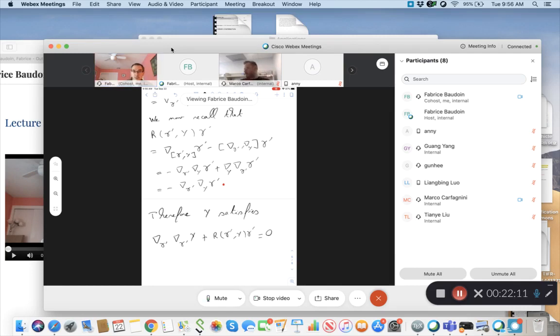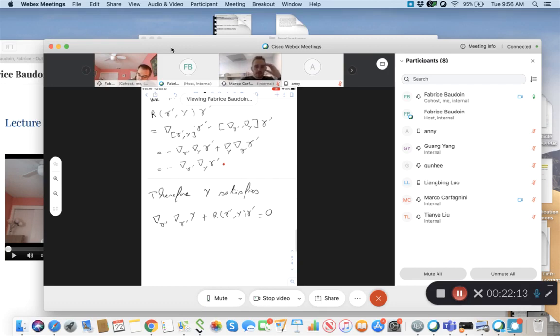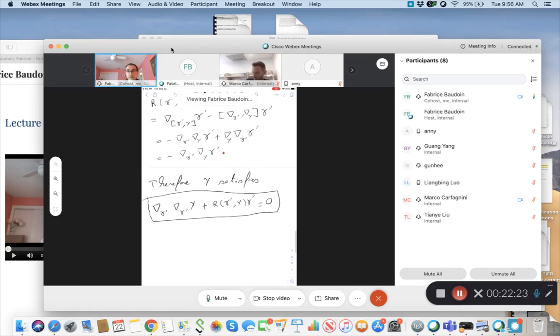This is called the Jacobi equation, related to the connection nabla.